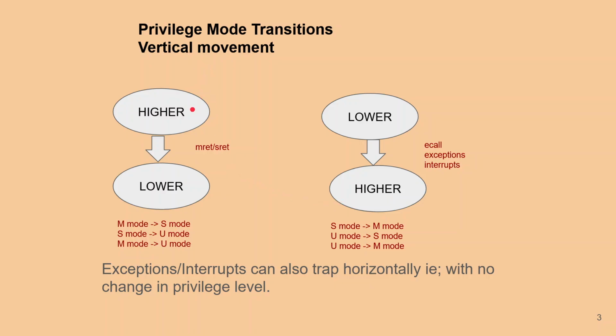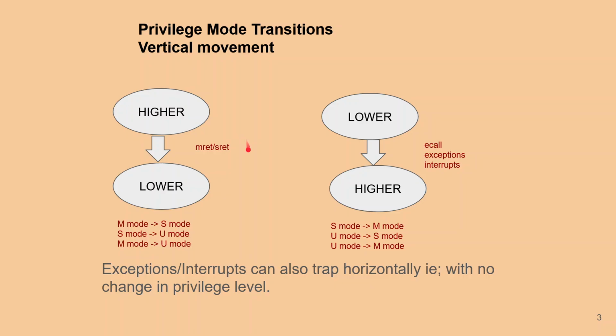The other transition that we see here is a downward vertical movement, where the transition is from a higher privilege mode to a lower privilege mode. Moving downward is generally much more controlled, and it only happens when the higher privilege mode code explicitly decides to return using instructions like mret and sret.